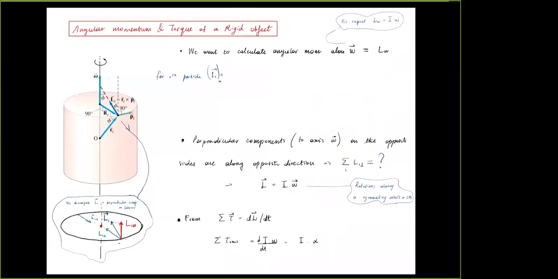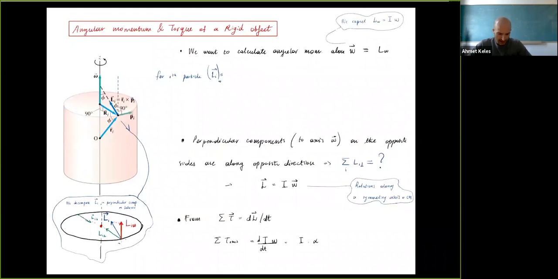Okay. So this was for a point particle. And now let's consider a solid object, which we call a rigid object, and try to calculate its angular momentum as a vector. For this, I want to focus on this cylindrical example.